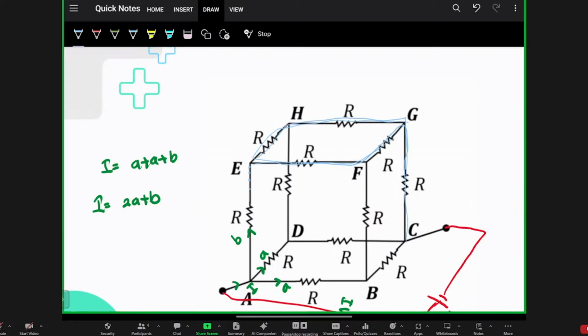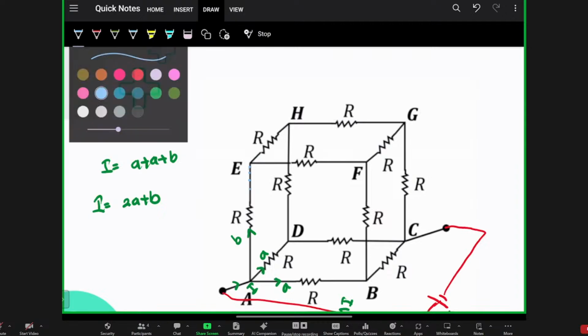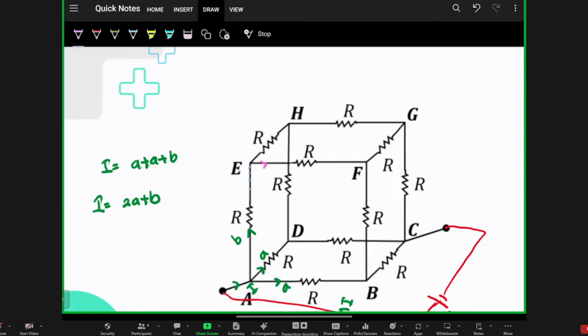So current B has two identical pathways, so the current will divide equally. B by 2 current will go through this branch, and another half will go through another branch, because these are symmetrical. B by 2, B by 2.